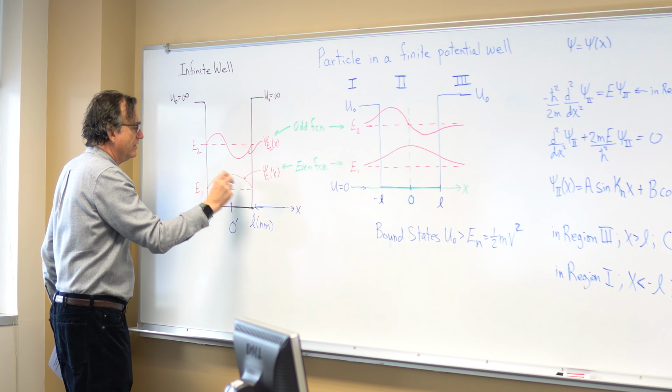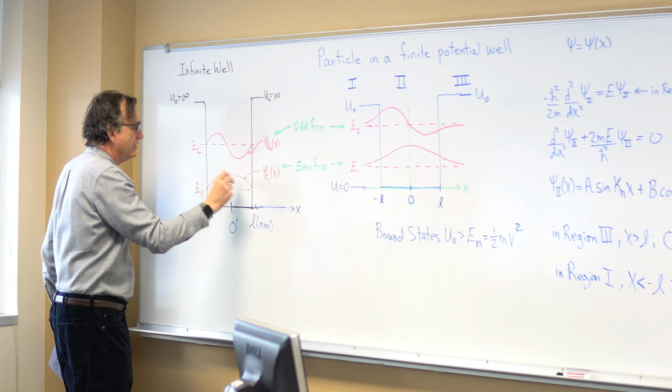This is the boundary condition. Coming from region 3, I have minus 1 to the n plus 1 times C equals B cosine of k_n L plus A sine k_n L.